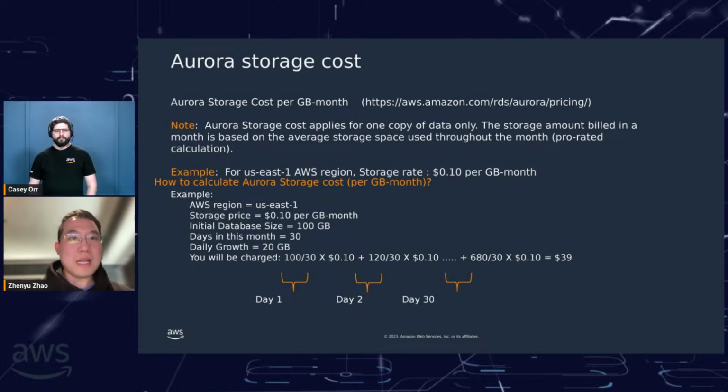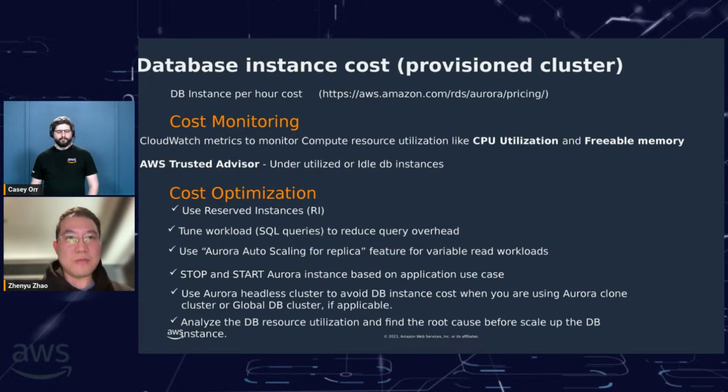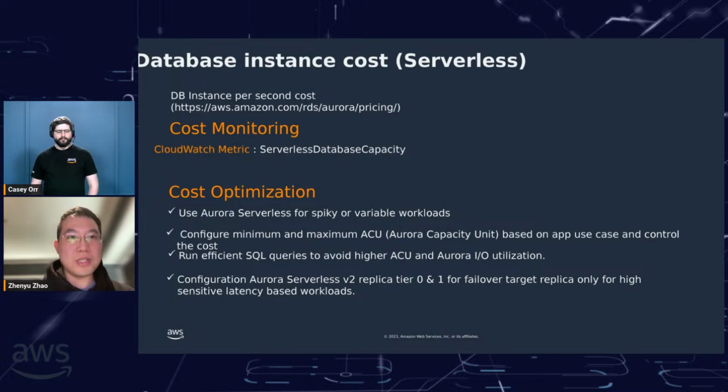Why we separated Aurora into separate slides is because I don't want to emphasize more that storage cost can be optimized case by case. The thing I want to deep dive into here, first of all, is the serverless environment.